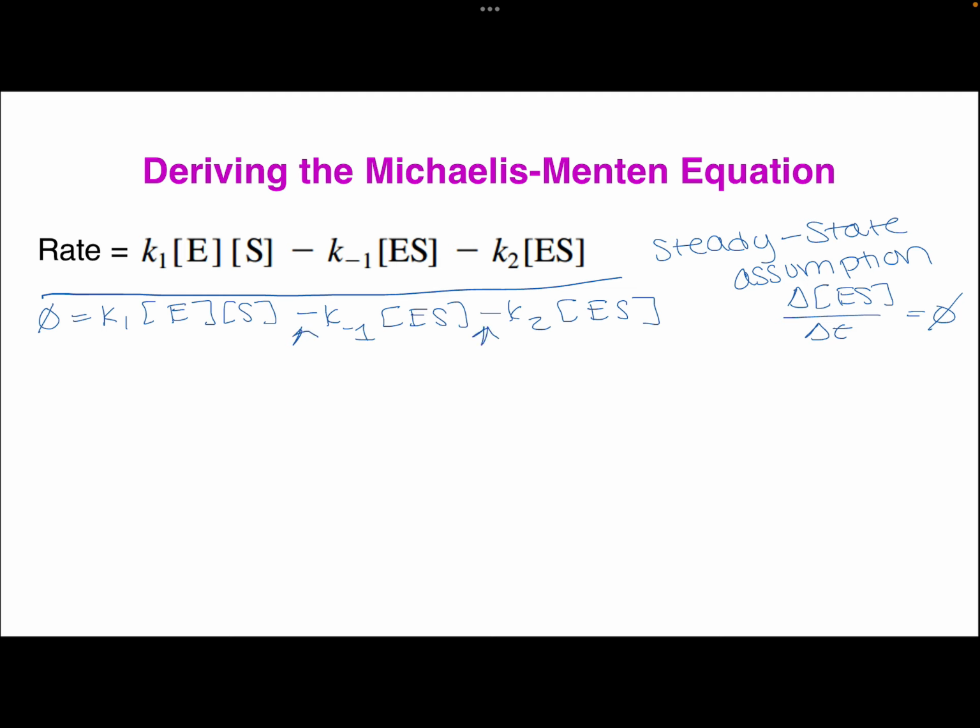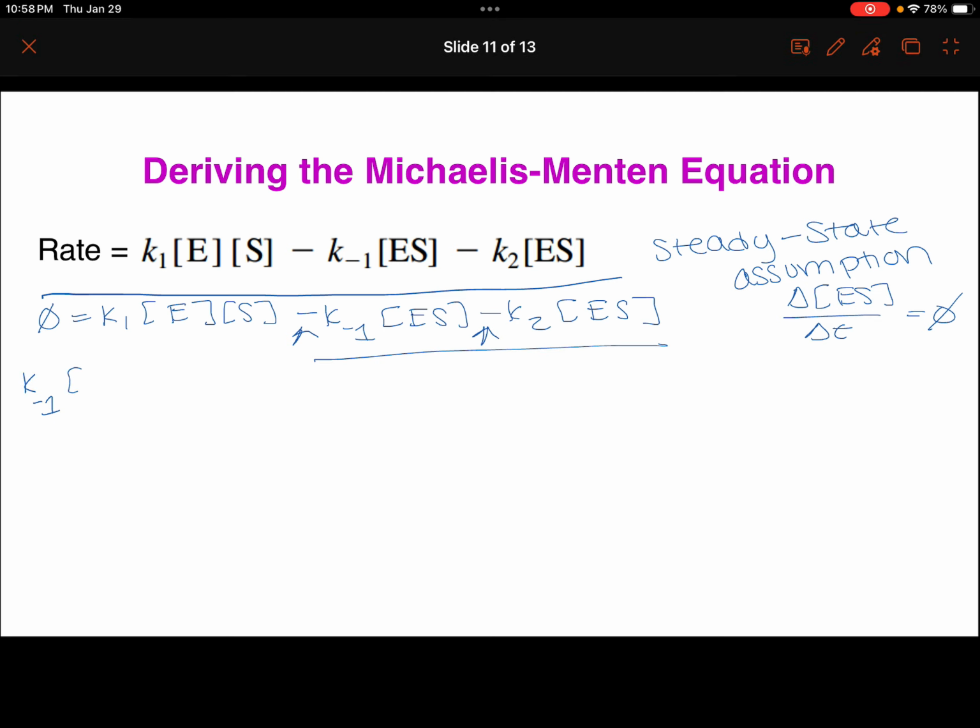So I'm going to add both of these groups over to the other side. All right, so that's step 1.